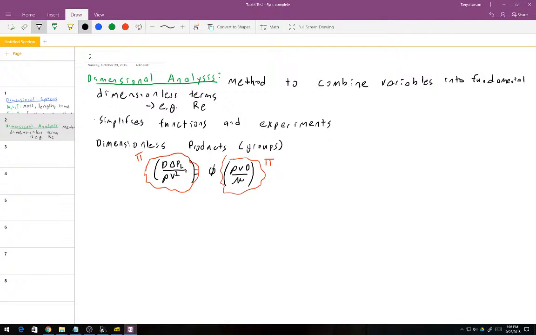So I would derive these, I would consider these dimensionless units, and then instead of running through all the different combinations of variables individually, I would simply compare this dimensionless term against the other dimensionless term. So maybe on this axis I put rho vd over mu, and on this axis I put d delta PL over rho V squared.